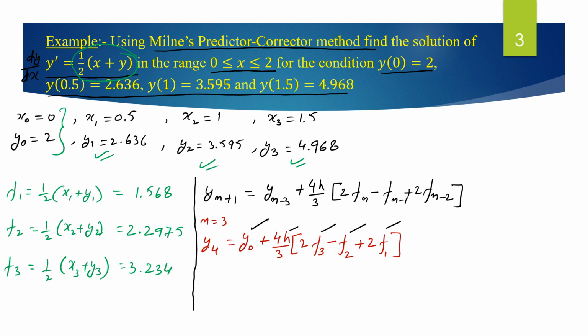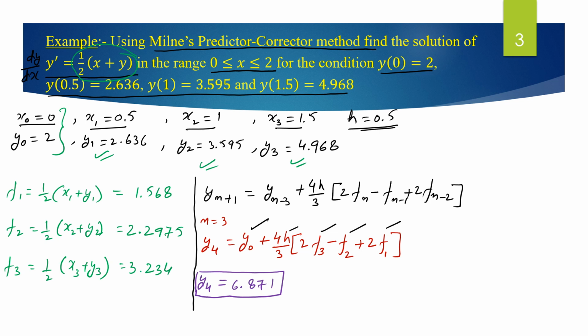Remember, according to x0, x1, x2 and x3, we can easily calculate that h is 0.5 in this question. Now substituting these values, we get y4 is equal to 6.871. This is the predicted value, and our solution is near about this.